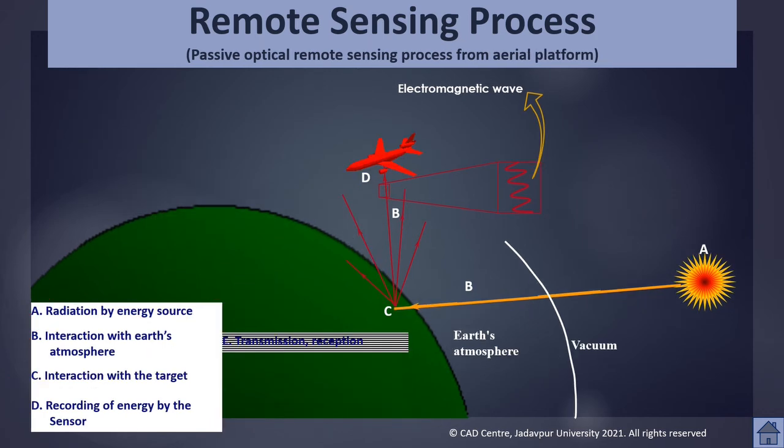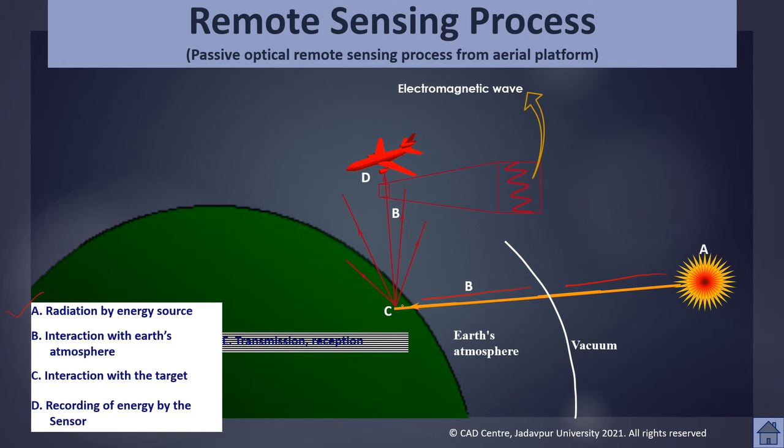Next is passive optical remote sensing process from aerial platform. In case of aerial platform also the process is more or less similar. First, radiation by the energy source, then the energy will pass through the vacuum and no interaction will take place. Then the energy will pass through the Earth's atmosphere and different types of interactions will take place.